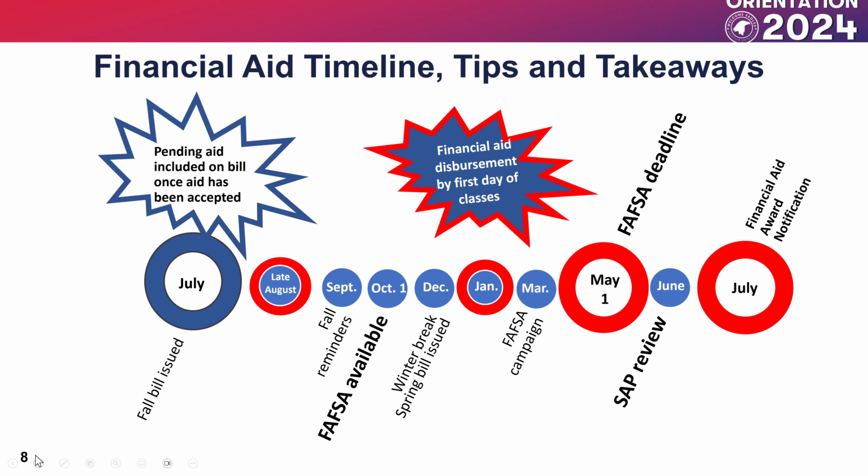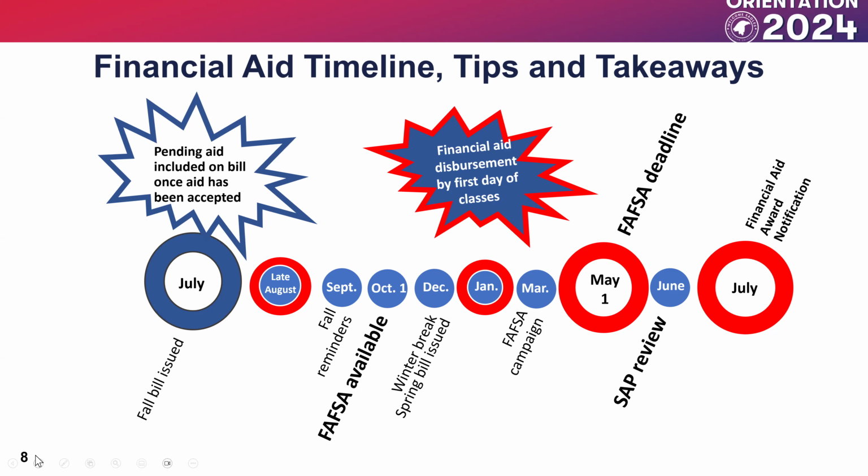The federal government will not allow us to disburse funds, to pay the money to you, until the first day of class. So just keep in mind that funds will not physically credit to your account until late August, right around the first day of class.